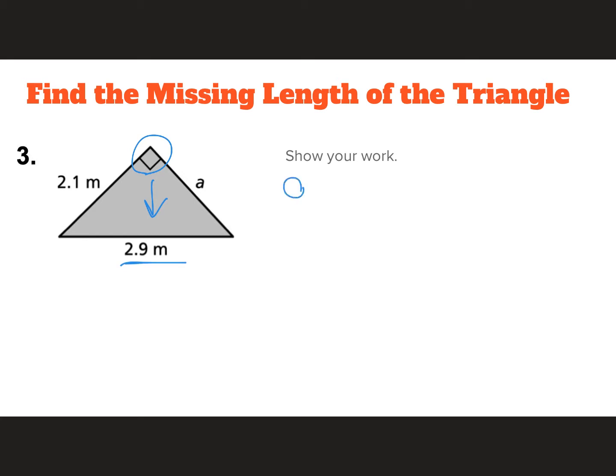Again, I have a squared, using the a that they gave me, plus 2.1 squared equals 2.9 squared.